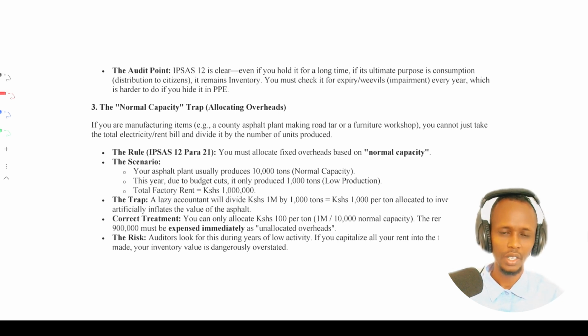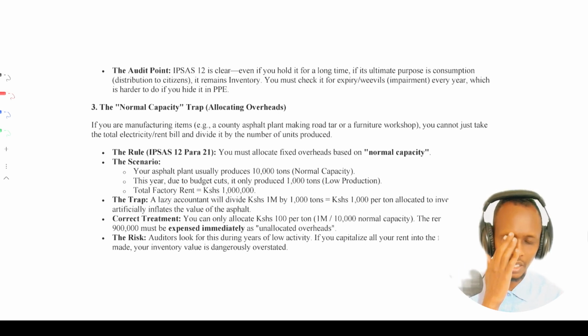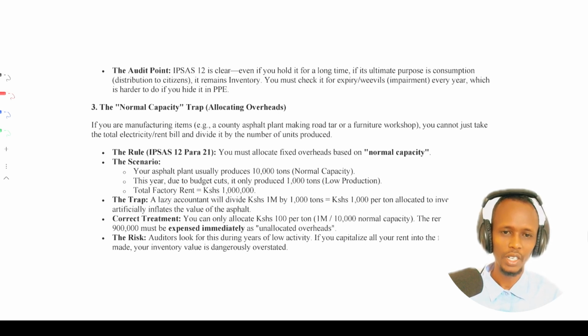But what if, due to budget cuts, you produced 1,000 instead of 10,000, but the overhead rent remained the same? If you divide the way you were doing before, then you will overstate your inventory cost using the overhead cost.